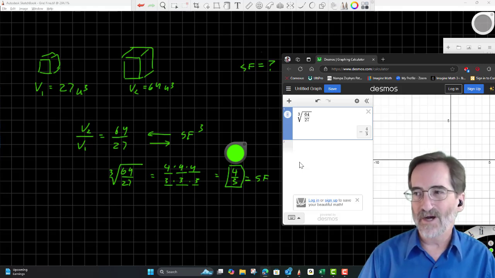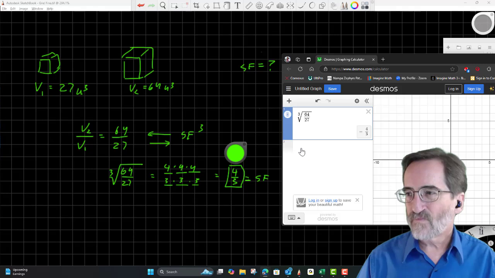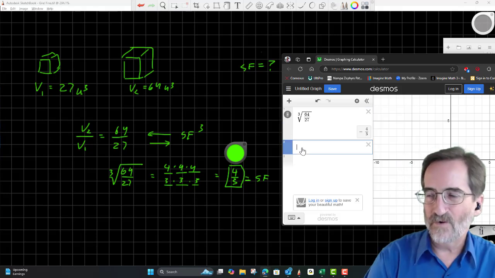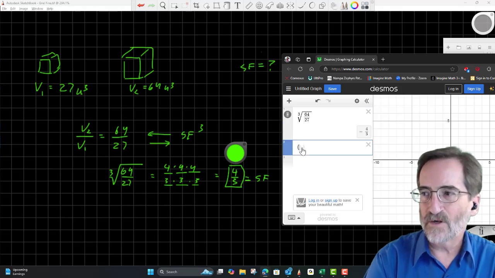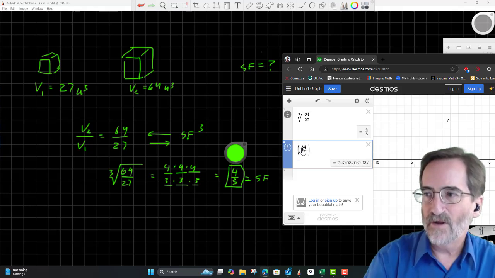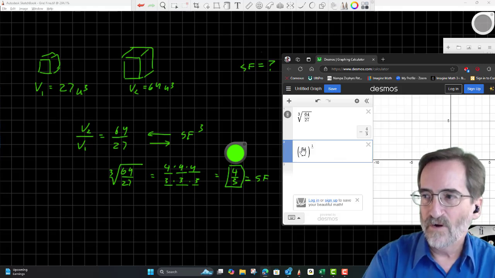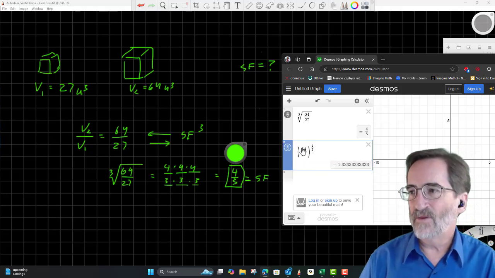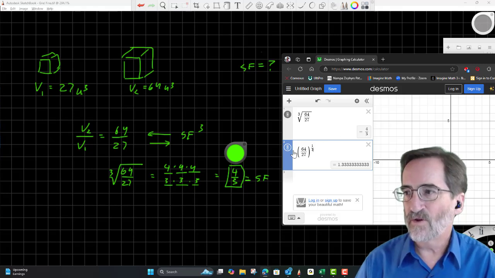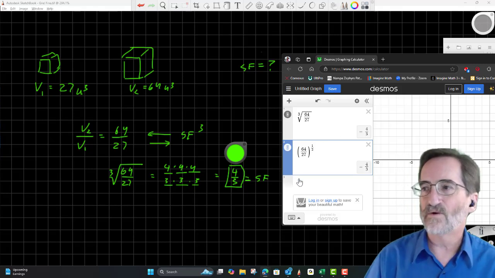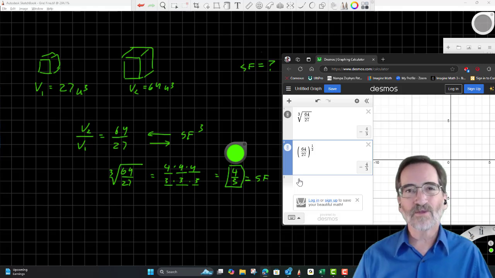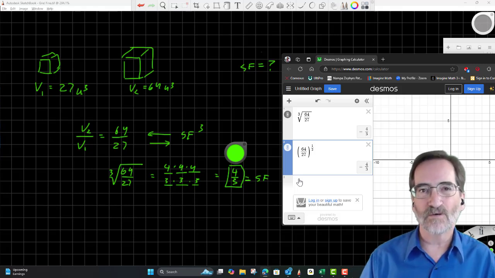Another way you could do it, if you're familiar with exponents, is 64 divided by 27 to the power of 1/3. And again, we get the same answer here, 1.3333, which is 4/3. So to the 1/3 power is the same as the cube root.